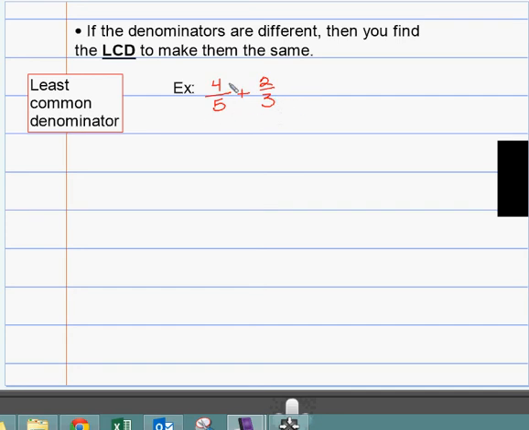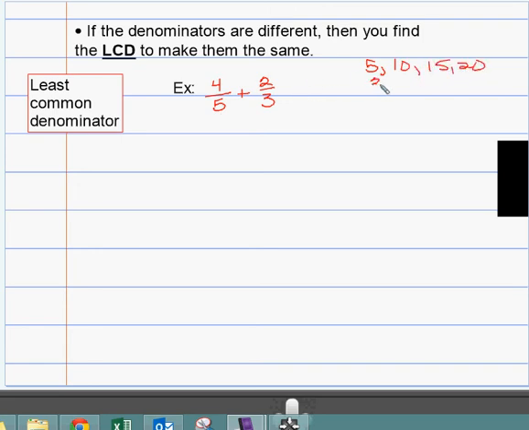Okay, I have to know what size pieces that I have, so I need to get a common denominator. And the least common denominator is the same thing. You can multiply them together, but that's not going to guarantee that you get the least common denominator. What you can do is make a list. So count by 5s. 5, 10, 15, 20.